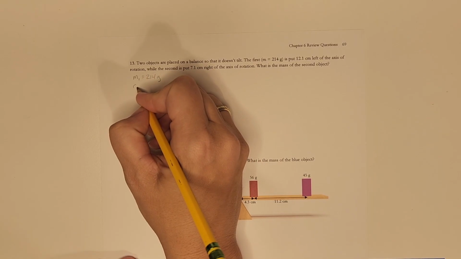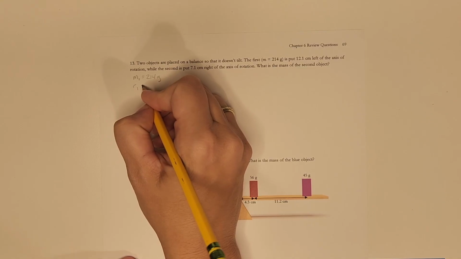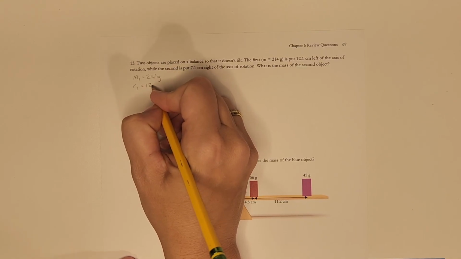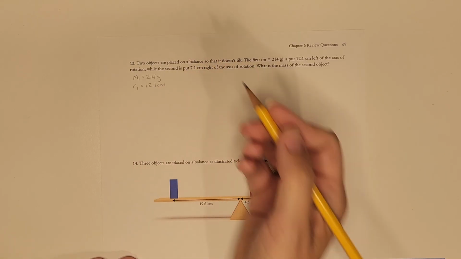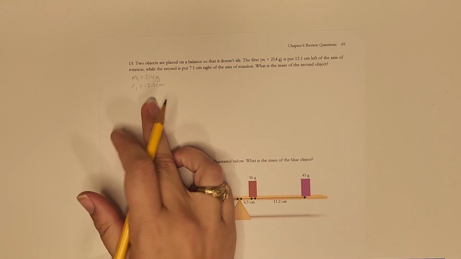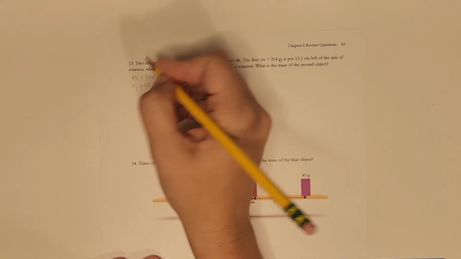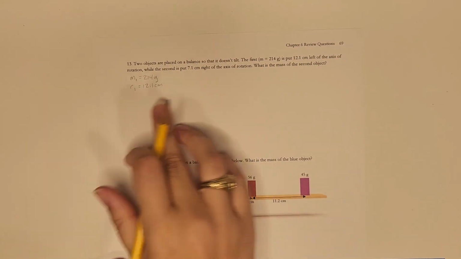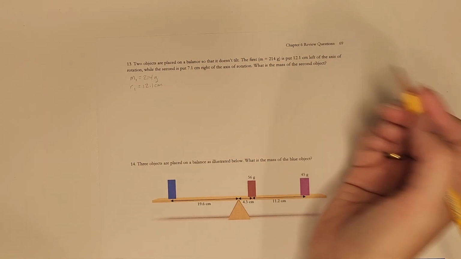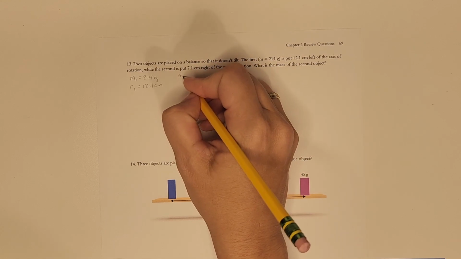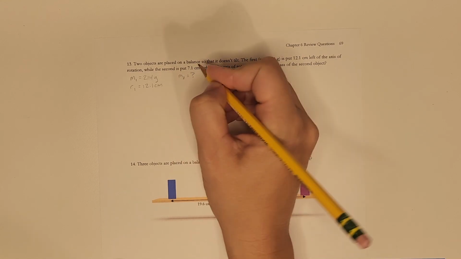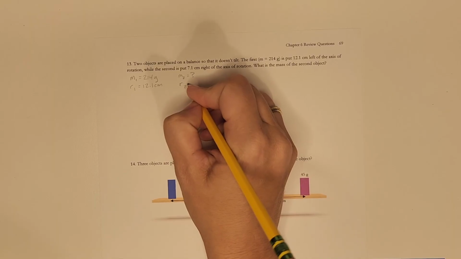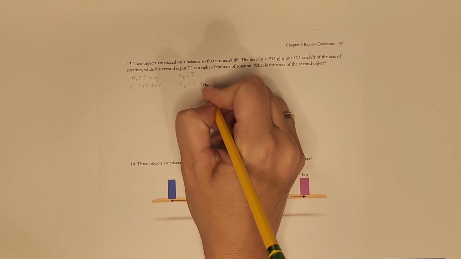The radius, the distance away from the axis of rotation, is 12.1 centimeters. And then for the second one, the mass is unknown, but our radius equals 7.1 centimeters.